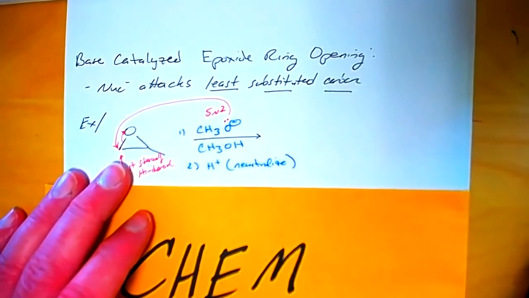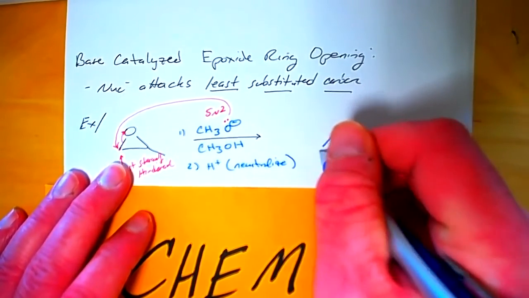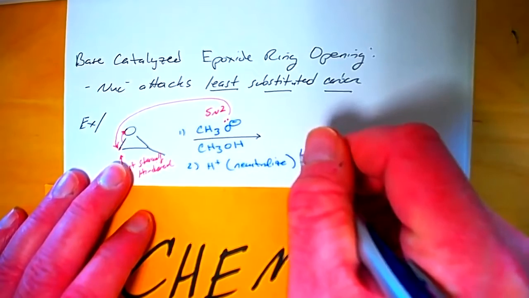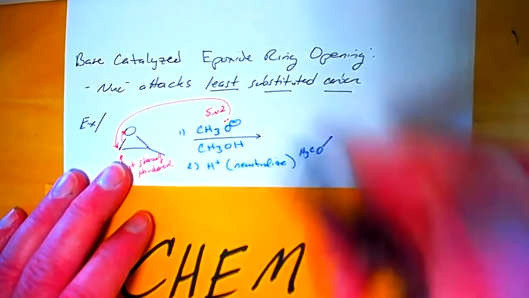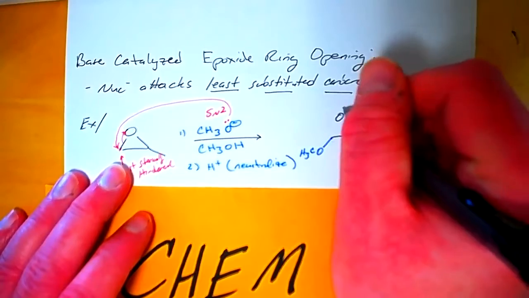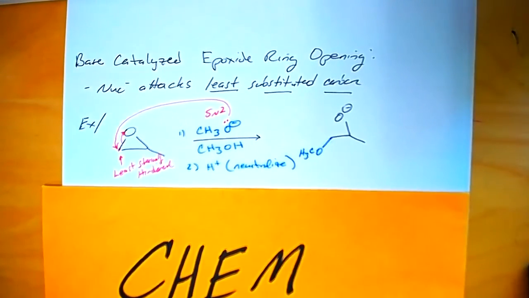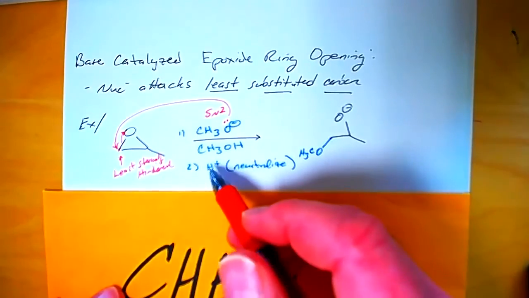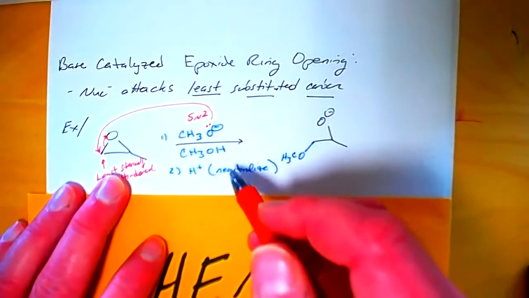Now I'm going to try to draw out what just happened. So I now have a bond between the oxygen and that methoxide, and the oxygen now has a negative formal charge, and I have my methyl group there. So now you can see here that I'm going to neutralize everything in acid in a second step.